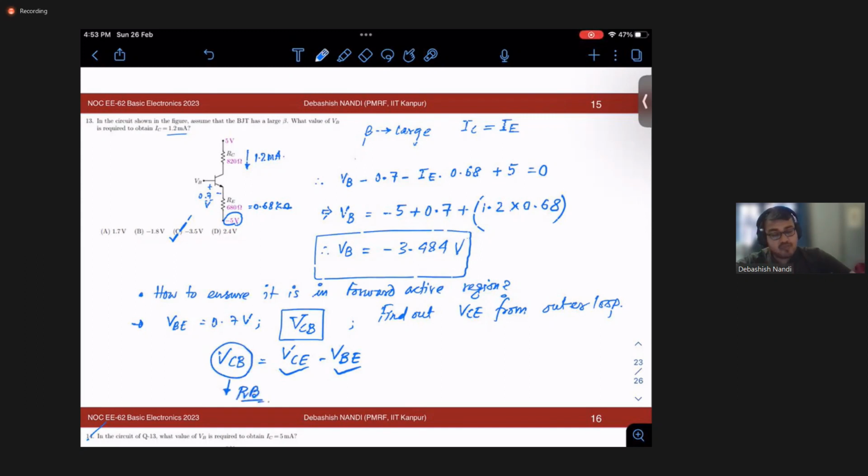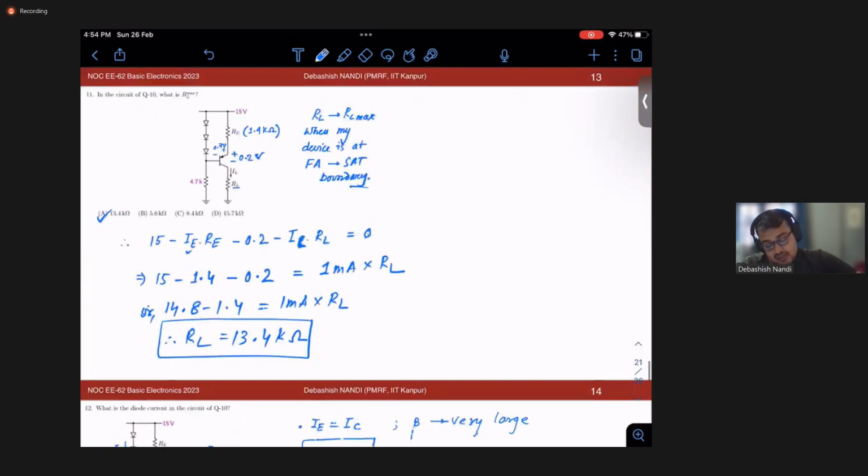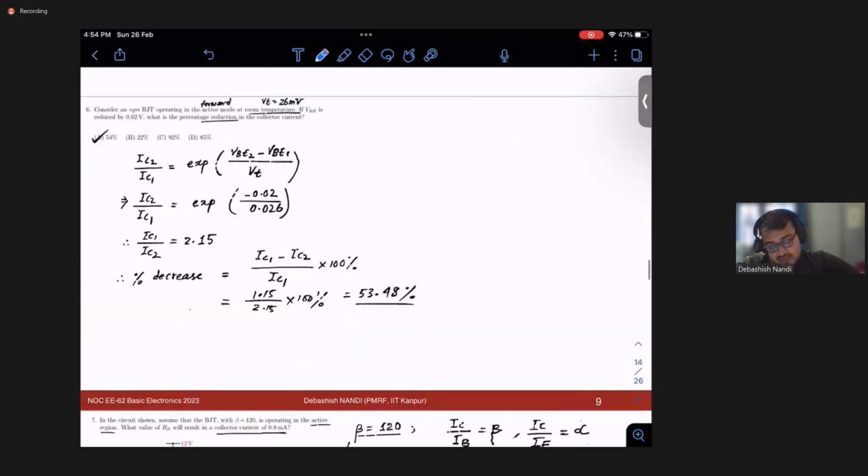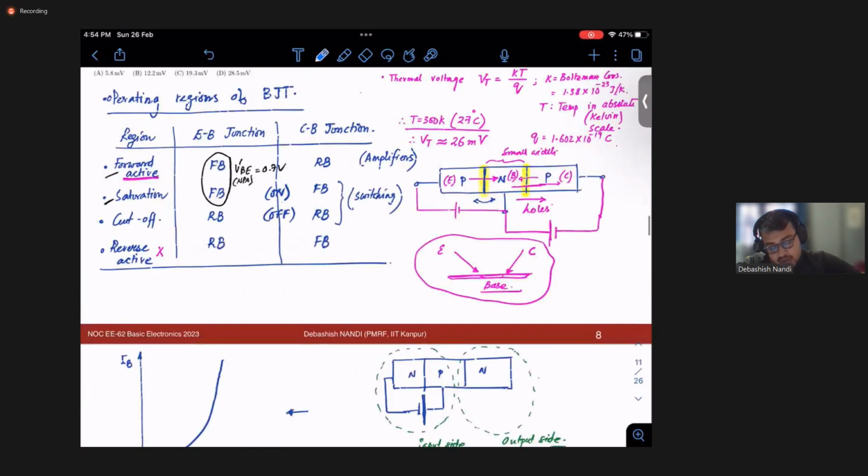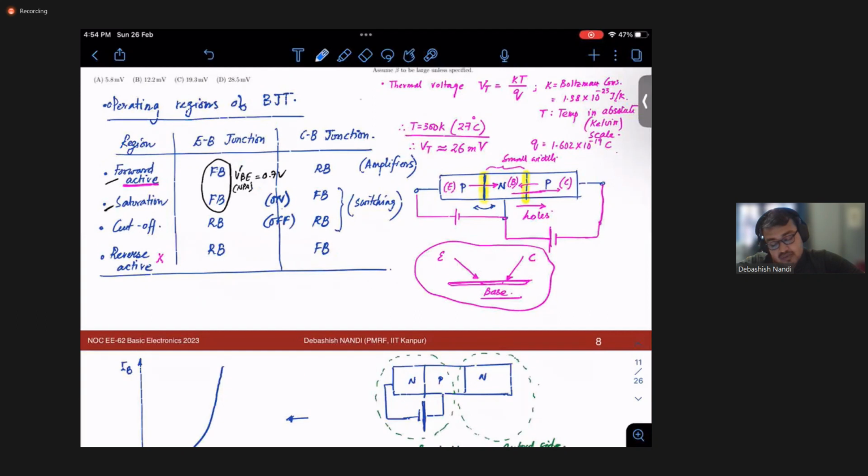Ensure that. For a PNP transistor it is different, but this is an NPN transistor. In an NPN transistor, the collector is N, right? So your VCB should be positive. Remember that. I have shown this earlier.